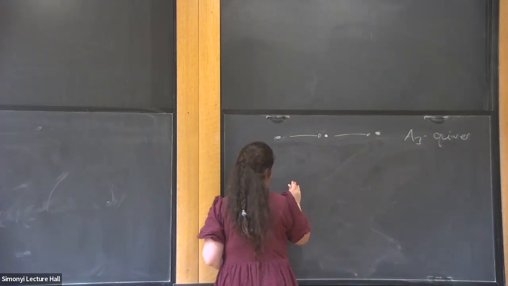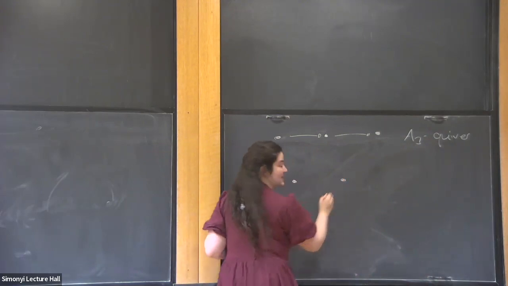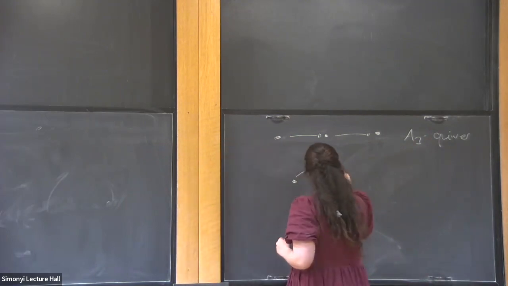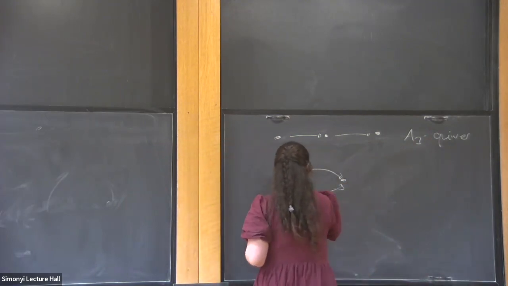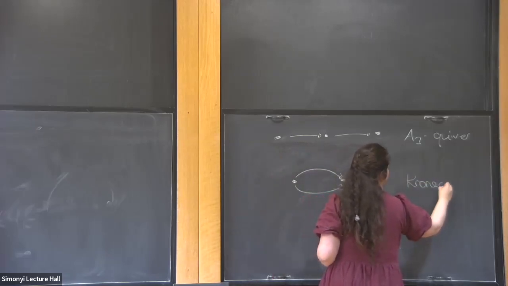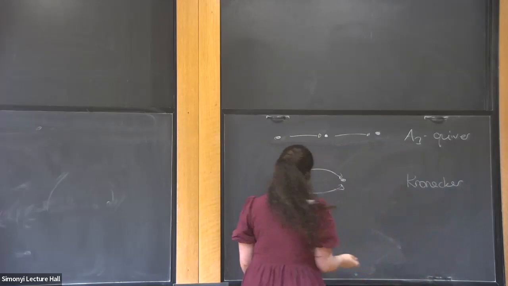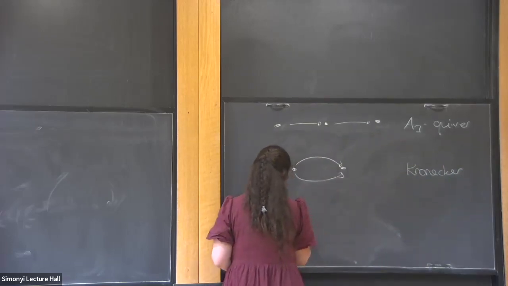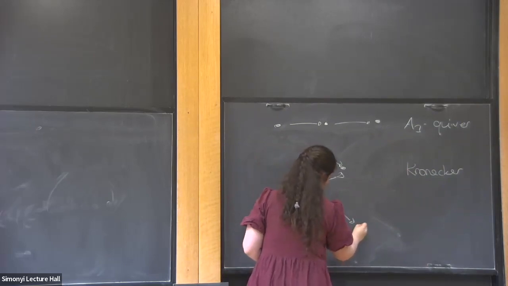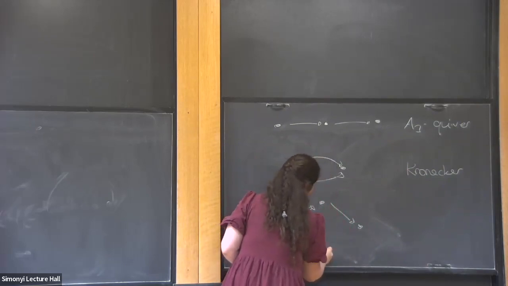The next quiver we are going to consider is a quiver we have already seen in Mario's talk earlier today, the Kronecker quiver, which is you have two vertices and two arrows between them. And the last quiver we are going to look at is a diamond-shaped quiver like this.